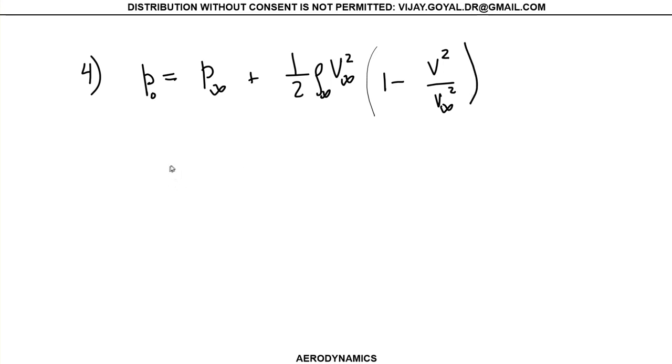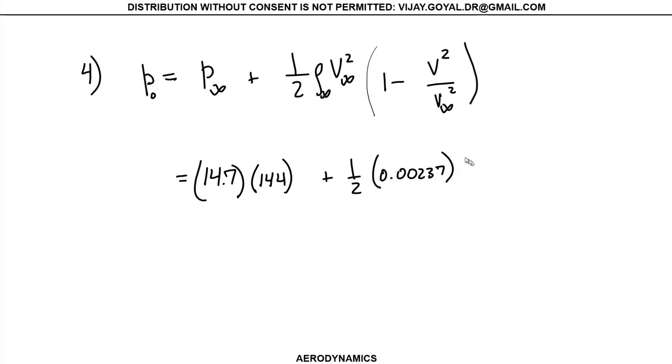Okay, so this would be 14, I need to multiply by 144 to get in the right units, plus 1/2 times 0.00237, and then the velocity is stream velocity 146.7 squared.